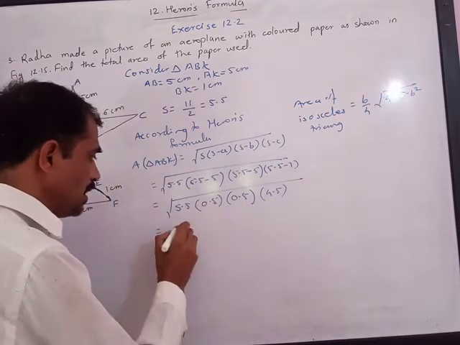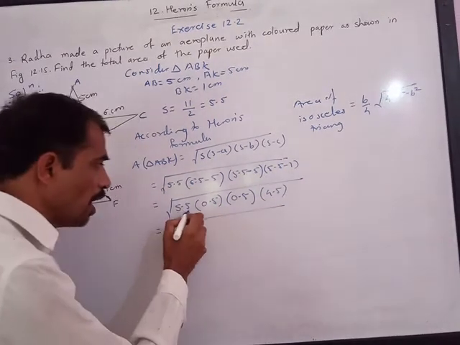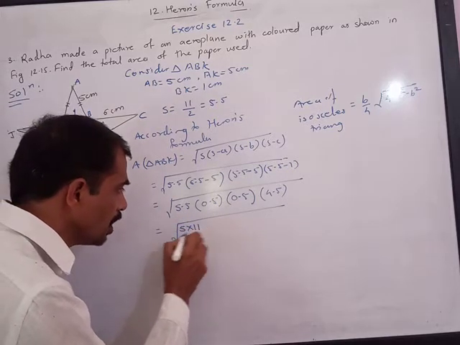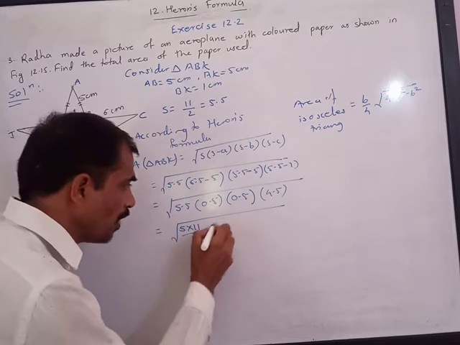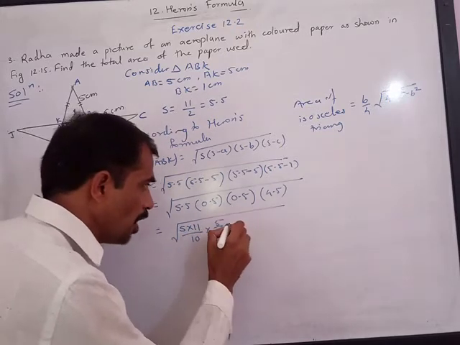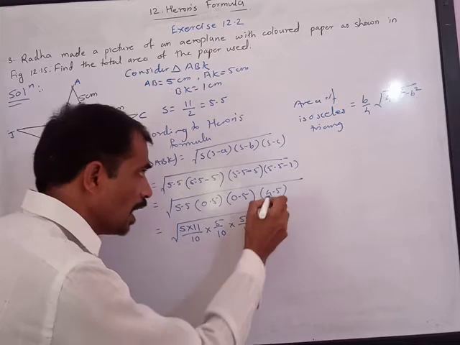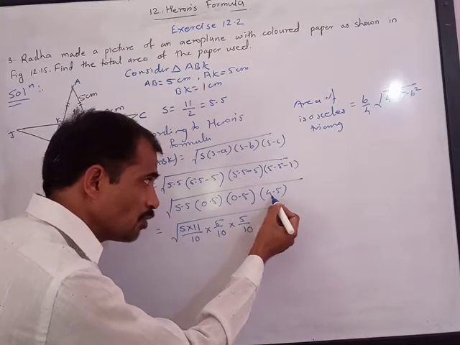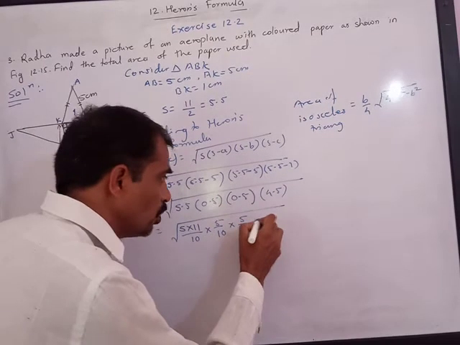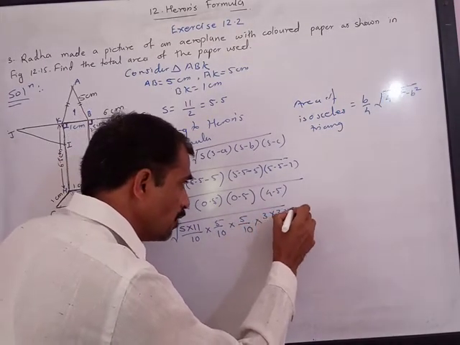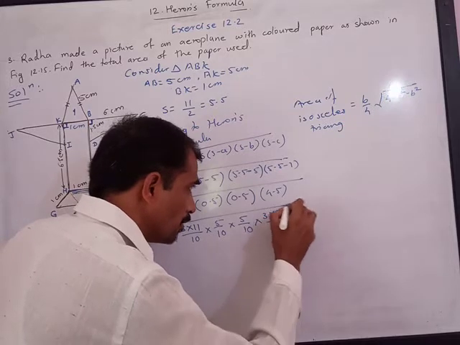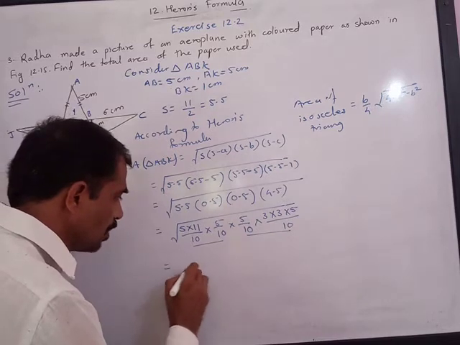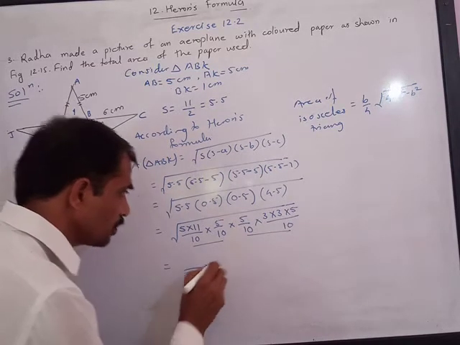Please note this is equal to 55 upon 10. So 55 can be split as 5 into 11 upon 10. 0.5 is 5 upon 10. Again 0.5 is 5 upon 10. Again 4.5 is 45 upon 10. 45 will split into 3 into 3, 9, 9 5s are 45, upon 10. Now of these, two tens will come out, so this will be 10 into 10.